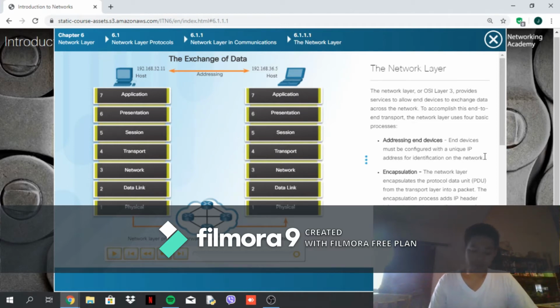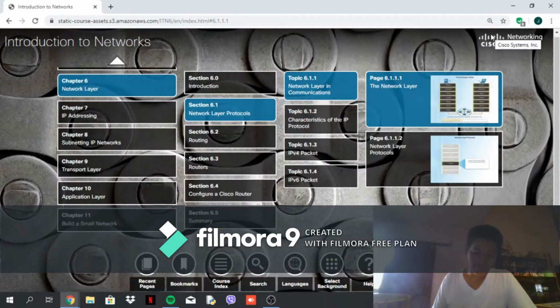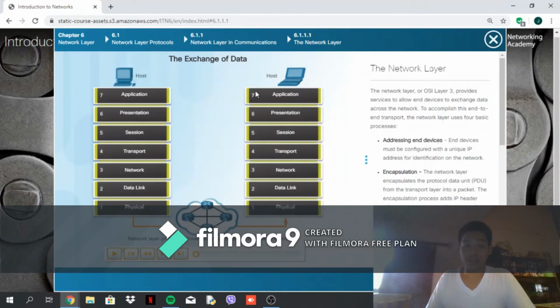It examines the devices and the network in groups of hosts to manage the data. It also covers the communication in the network, which is sometimes called routing. I'll explain more about routing later. Okay, so that's the network layer, guys.